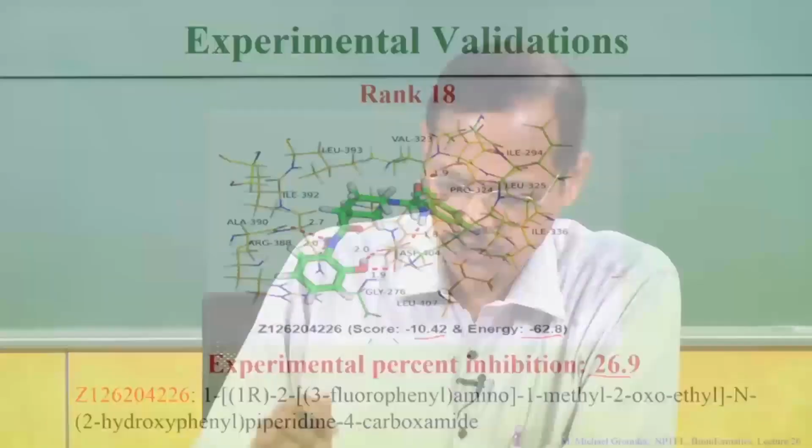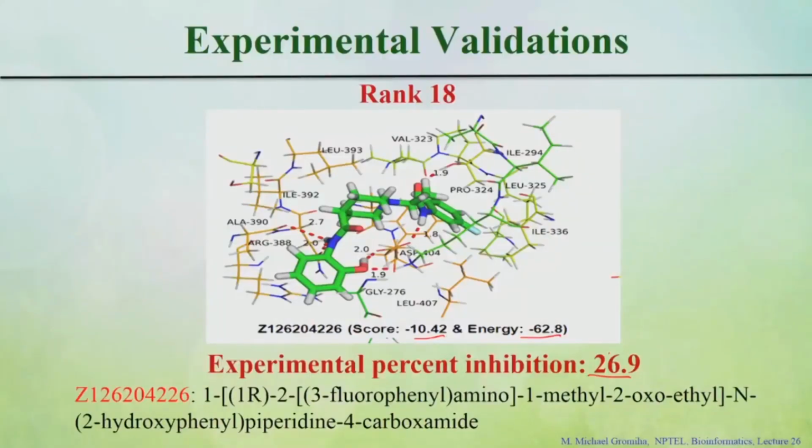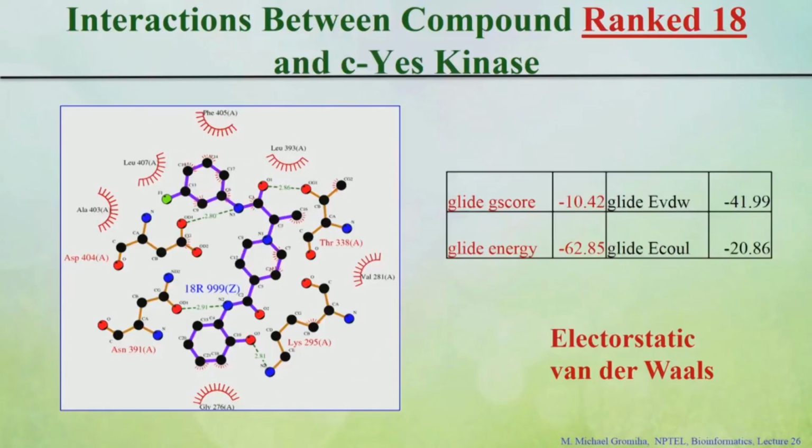So, here the inhibition is 26 percent, right, and this is the compound, and you can see it is surrounded by the amino acids of the protein. Some of the interactions I will show here. You can see these hydrophobic interactions, and some of them are hydrogen bonds. This is the OD1 and this N2, they have an electrostatic interaction, and here also you can see an interaction, and here are the hydrophobic interactions, the CH2 groups.